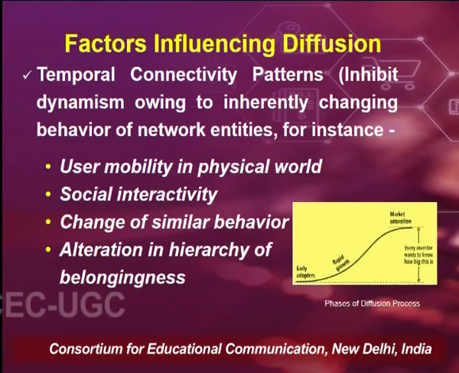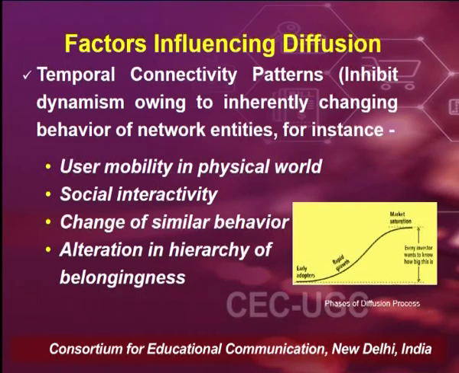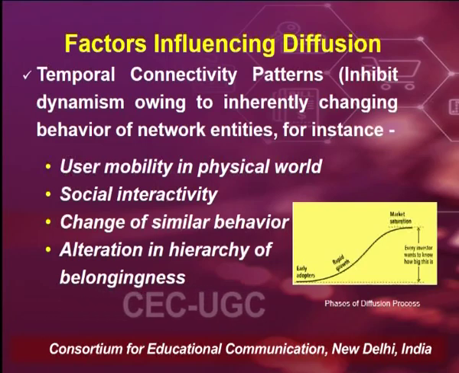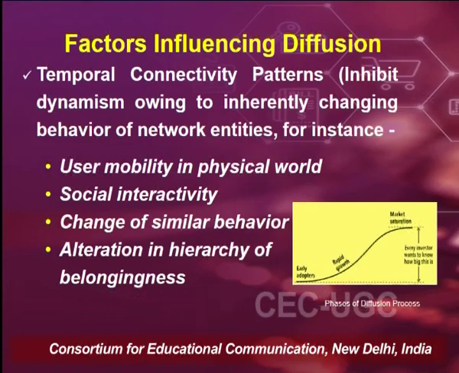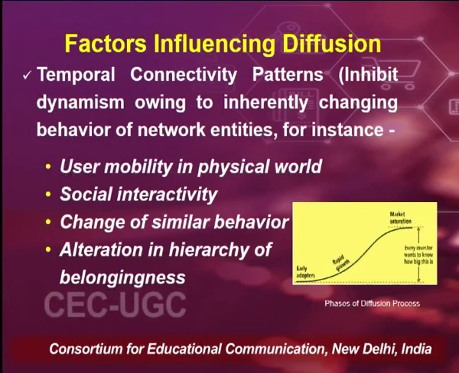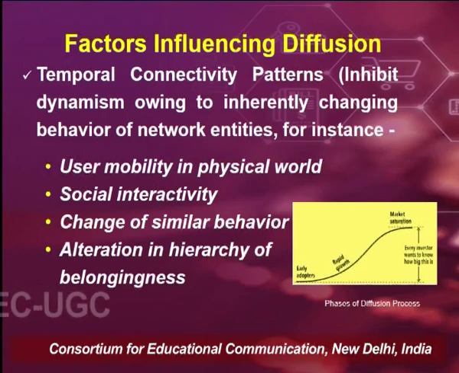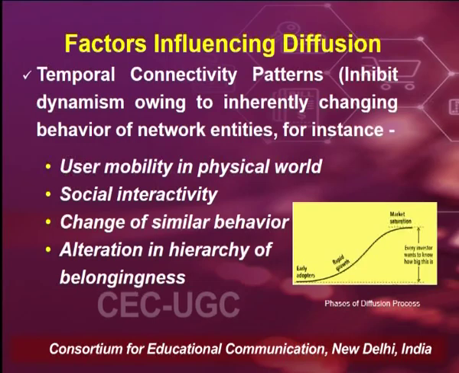So maybe two or more people have an affinity towards a particular product, like some kind of electronic gadget, and after some time their behavior shifts to some other brand of product. This way the similarity of behavior has the tendency to change, and this is going to reflect on the target audience in the market.